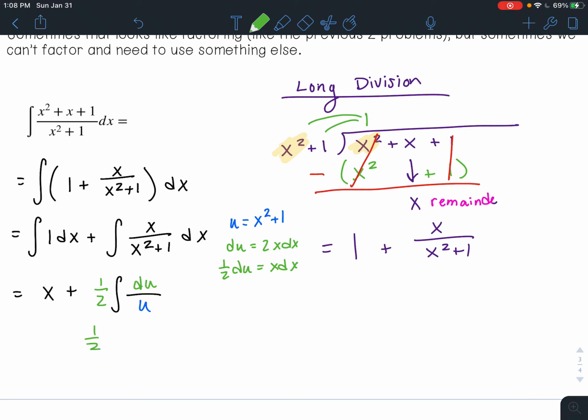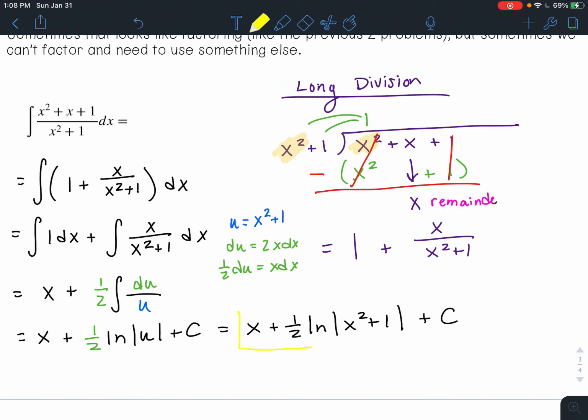I'm still going to bring down my x plus here. That's going to be the natural log of the absolute value of u plus the constant of integration. Then if I substitute back in, I get the natural log of the absolute value of x squared plus 1, all plus c.